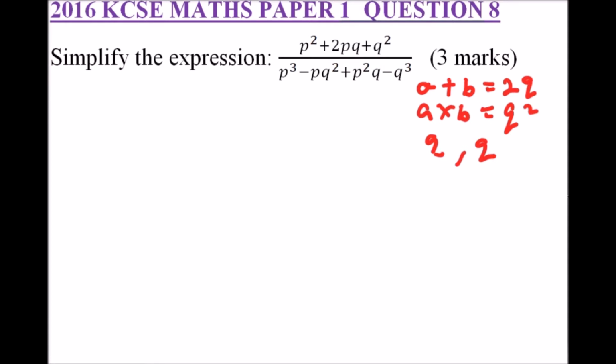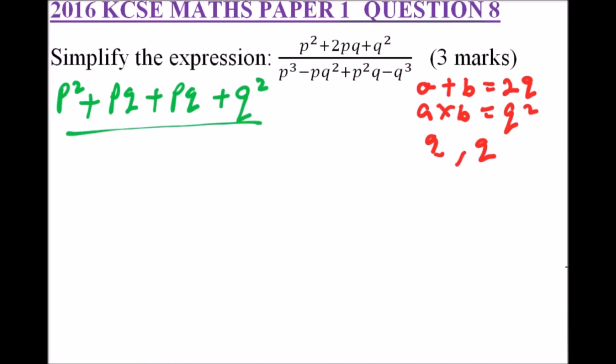So we can rewrite our expression like this, that is p squared plus pq plus pq plus q squared. This is divided by the denominator. We can factor out what is common there, that is p. We are left with p squared plus q squared.